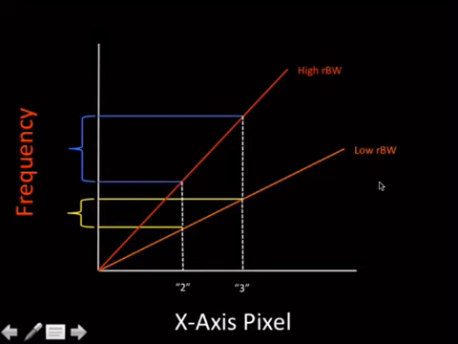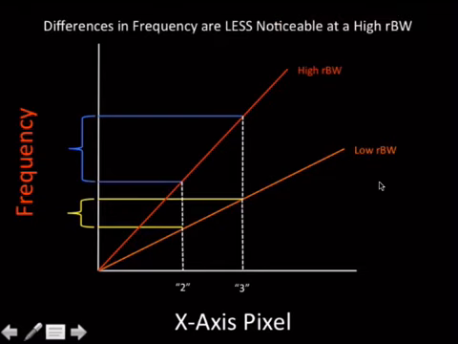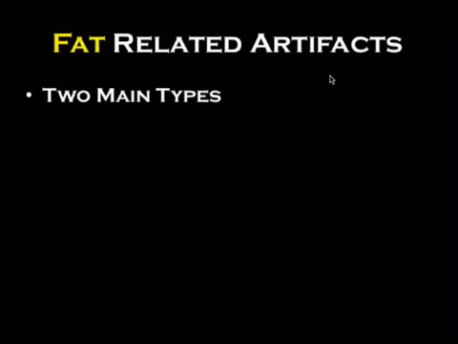So in other words, differences in frequency are less noticeable when we're dealing with a high bandwidth here. This is a readout. So if we moved a little bit, we got a big change. If we moved a lot, we got the same change as long as we were dealing with the high. Or you can just remember, less noticeable at high.